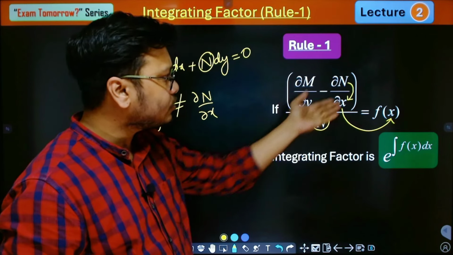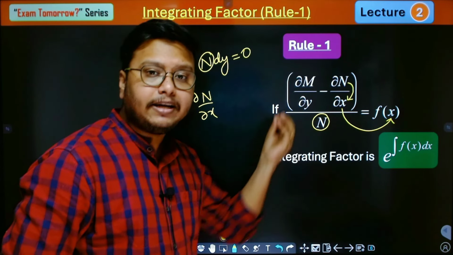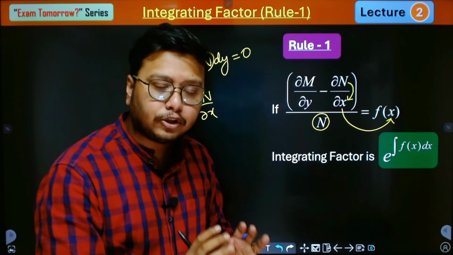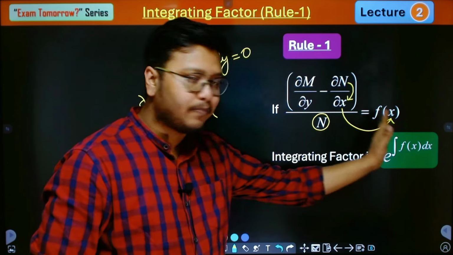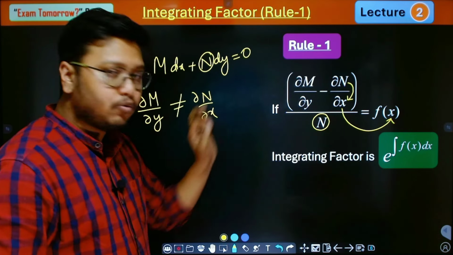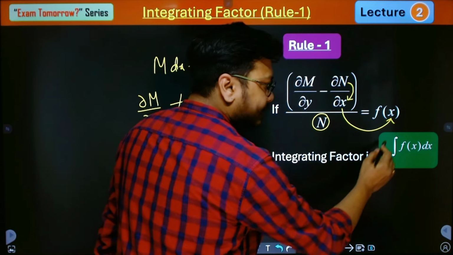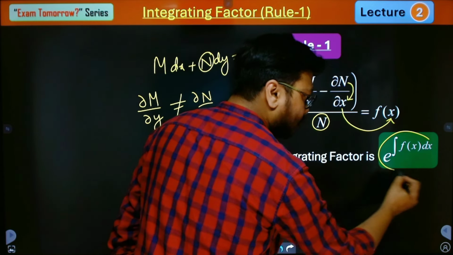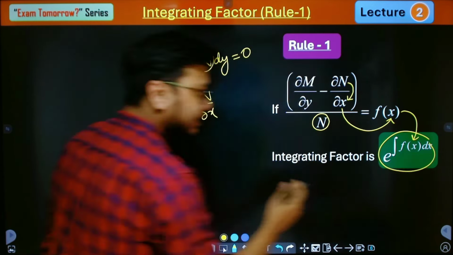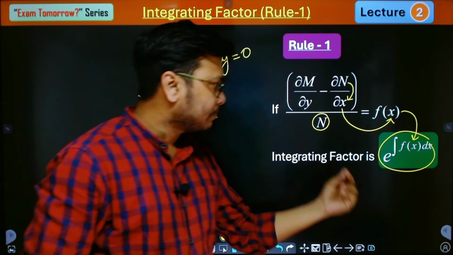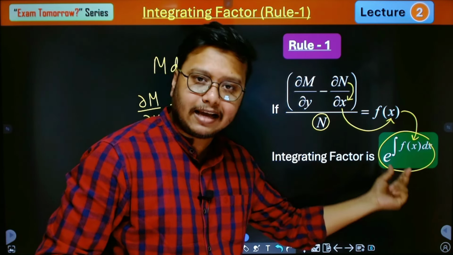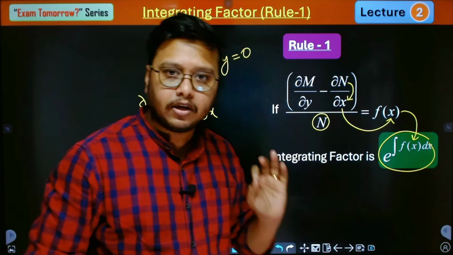So if this quantity divided by N gives us a function of x only and no y is present, then the rule states that the integrating factor is going to be e to the power integration of this particular function dx.